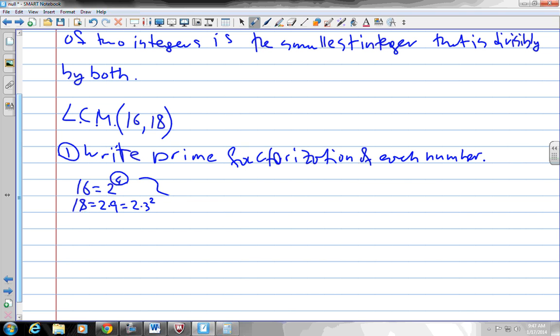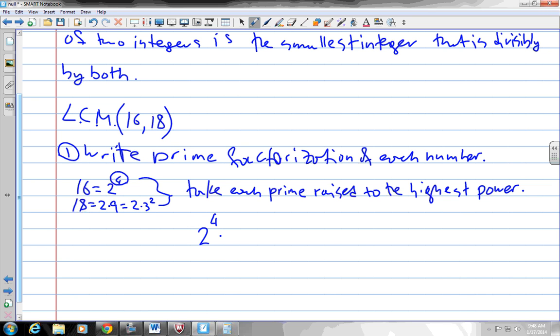So I'm just going to take each prime raised to the highest power. So all I need is 2 to the power 4, and 3 is another prime, and the highest power of 3 is 2, so I need 3 to the power 2.